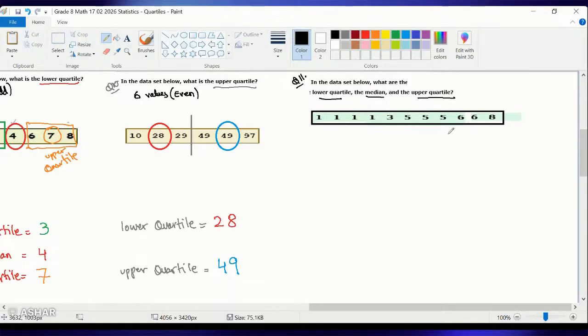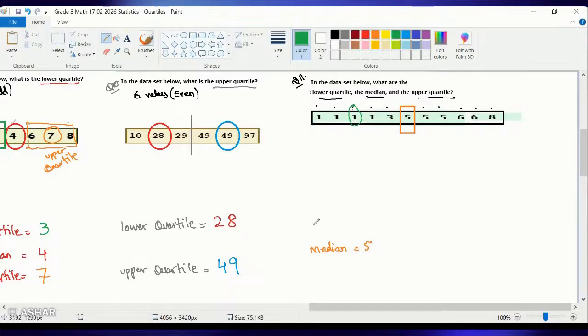There are 11 values, 1, 2, 3, 4, 5, 6, 7, 8, 9, 10, 11. That means we already know what the median is. The median is the middlemost value. So I can say the median for this question was 5.